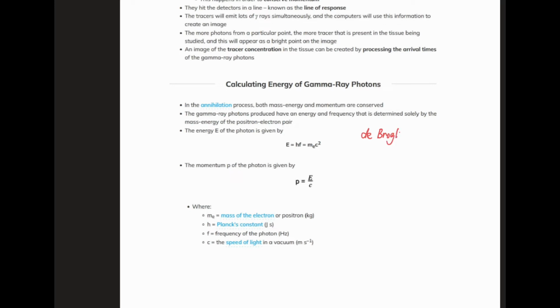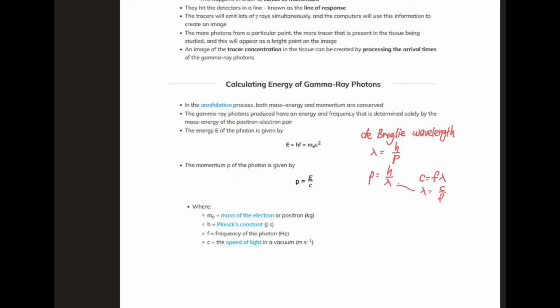De Broglie wavelength, we learned this in quantum physics. So we have lambda equals h over p. If I rearrange this, making momentum the subject, then I will get this. And you know c equals f lambda, so lambda equals c over f.